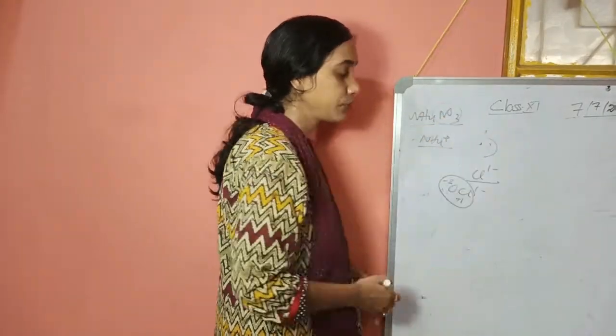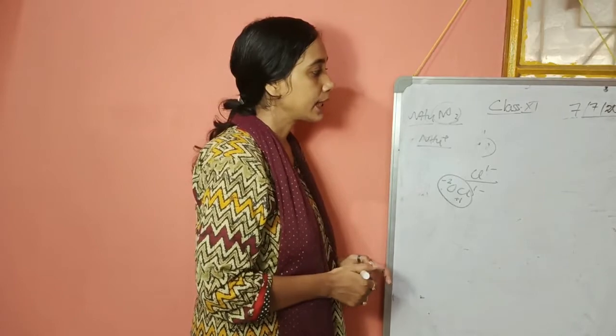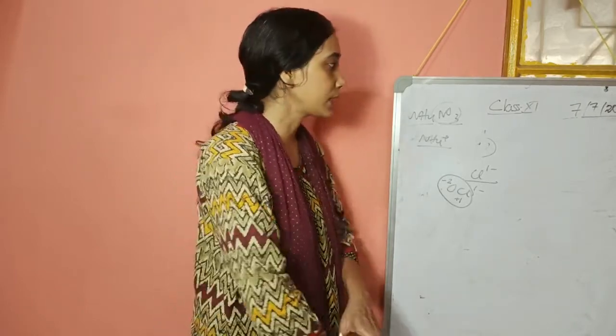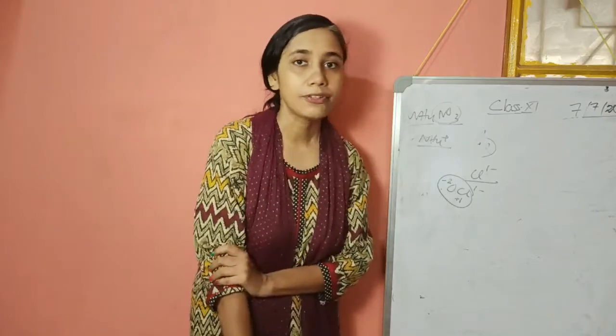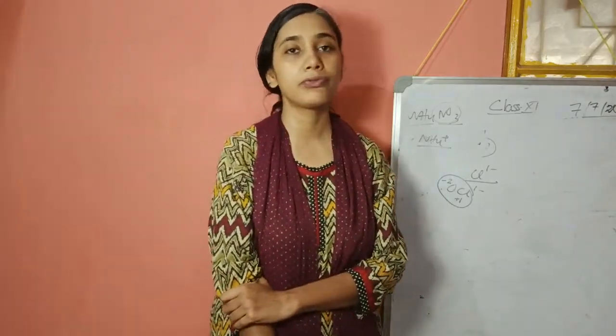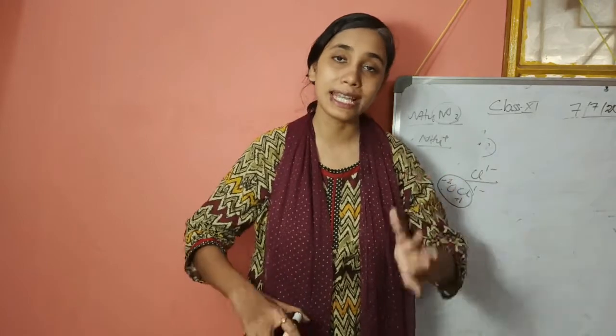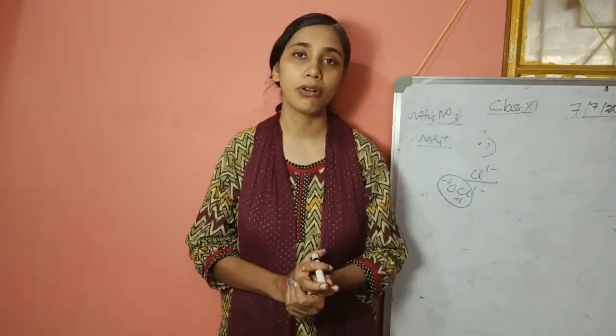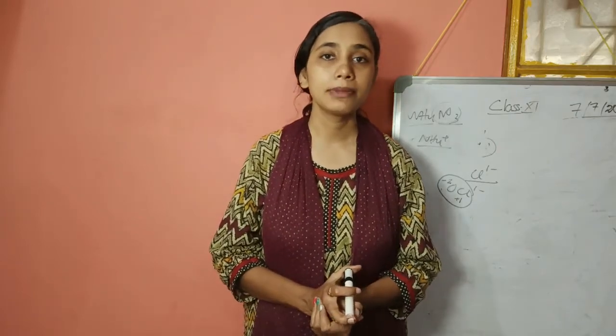If you calculate, you will find in the case of NH4 plus, the nitrogen's oxidation state is -3, and in the case of NO3 minus, the nitrogen oxidation state is +5. So in this way, when there are two same atoms but they belong to two different radicals, they will have a different oxidation state.